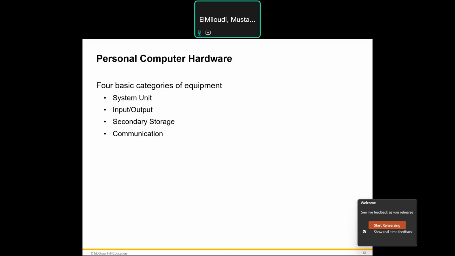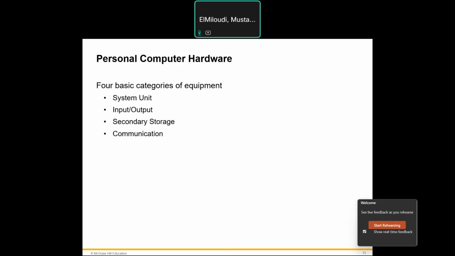There are four basic categories of equipment. When we talk about the computer, we have the system unit, which is the main thing that the computer has, and then input-output devices. All of them are part of the computer system. Input devices are any kind of device that we use to get information inside the computer, like a keyboard, a mouse, or a scanner.